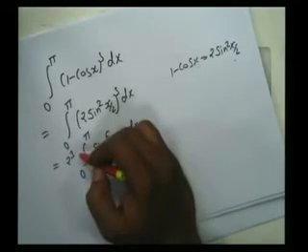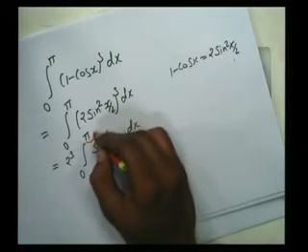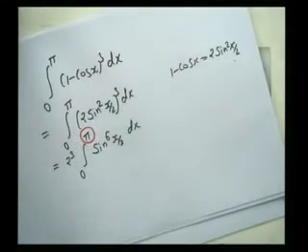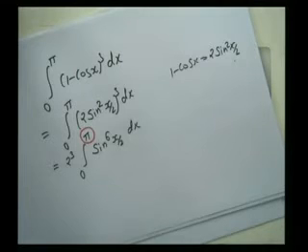For this example, we cannot directly apply the reduction formula because the upper limit is pi. In the reduction formula, the upper limit is pi by 2. So we have to convert this integration in such a way that we get the upper limit pi by 2.